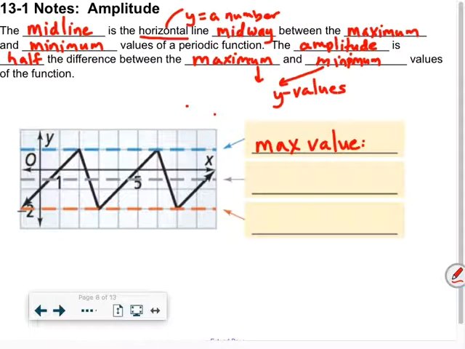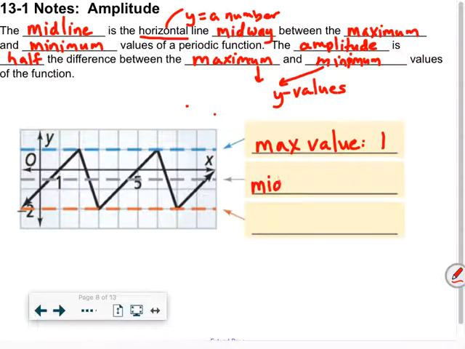Period, we use the x values to determine it, but maximum and minimum values are y values. So that's very important. So I'm going to look at my graph, and on this video you can see that the maximum is the blue dashed value, so that's up at 1.